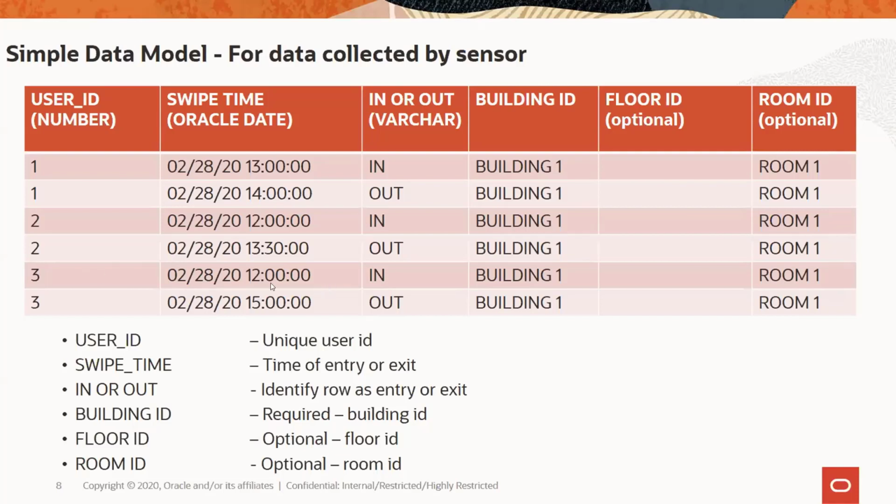User 3 entered that same room prior to user 1, so at 12 p.m., and exited after, at 3 p.m. Right? User 1 exited it at 2 p.m. So you have many different types of permutations of when people entered and exited rooms to try to figure out this time overlap. What we've done is provided a very simple SQL API that if you populate a very simple table like this, you can run the API and it'll report time overlap, users overlap, and duration.